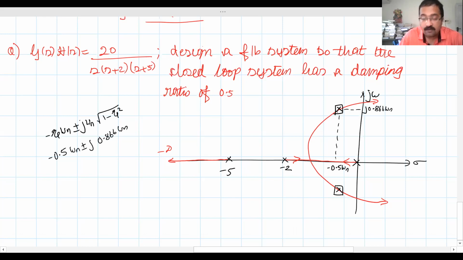Right now we will focus only on the top complex pole, the dominant pole. Now that is on the root locus. So how will you check whether a point is on the root locus? If the point is on the root locus, the net angle at that point must be 180 degrees. So now you join that particular dominant pole with all other poles.